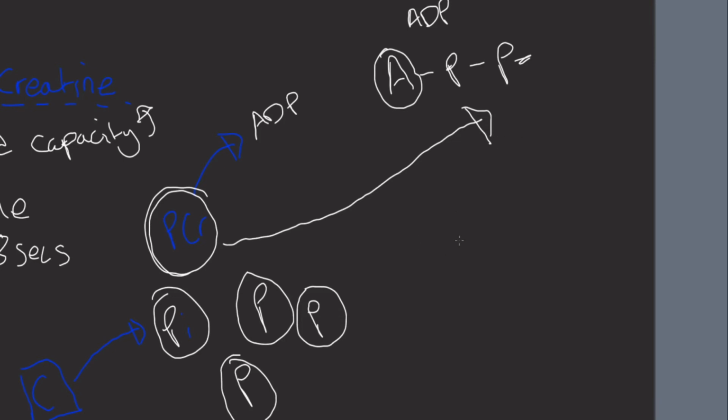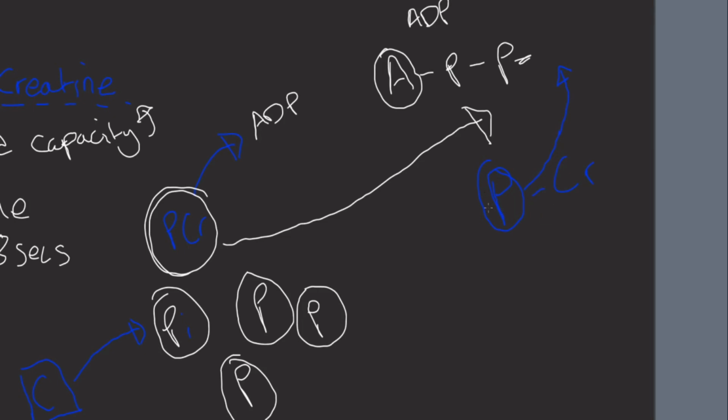Now, what we need to understand here is how this happens. So you have your phosphate and you have your creatine. Well, this is relieved and is provided back to the ADP.